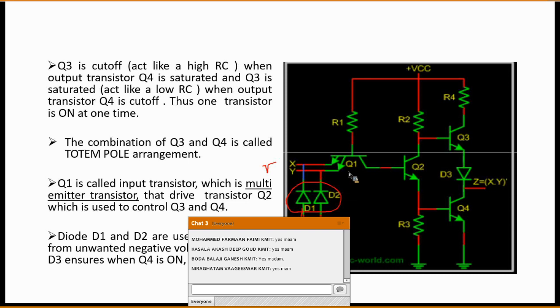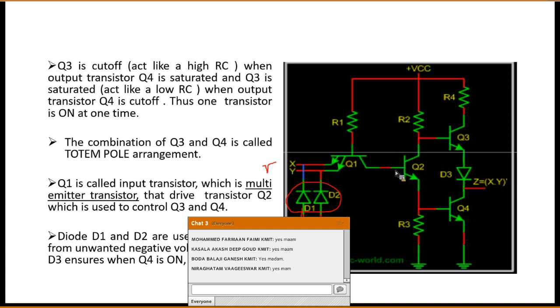This will prevent damage to the transistor. That is the purpose of placing these 2 diodes. If negative spikes come, the 2 diodes are forward biased and conducting, so the negative spikes are terminated towards the ground.